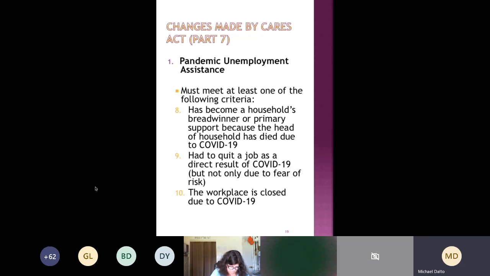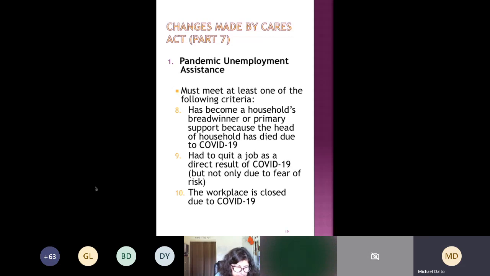So that suggests that they're going to have a better reason than simply, I just thought I would be safer. And I would suspect, this is just speculation on my part, that having underlying health conditions, being older than age 60, might help make the case that the person had to quit.